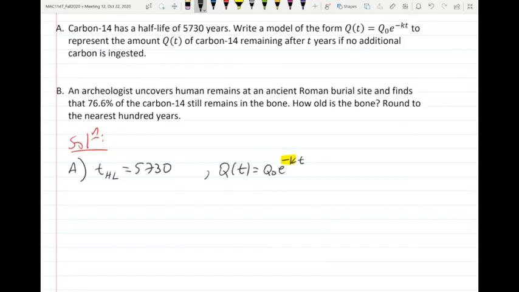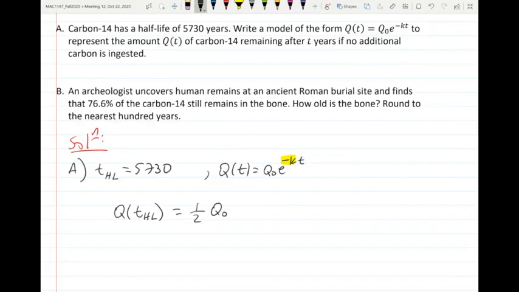Of course, we're not going to be able to find the initial amount because that's not given, and that varies depending on the situation. The rate, though, we know for carbon-14, and that's given by the half-life. Anyways, we know that if we plug in the half-life, this is going to give us 1/2 of whatever the original amount was.